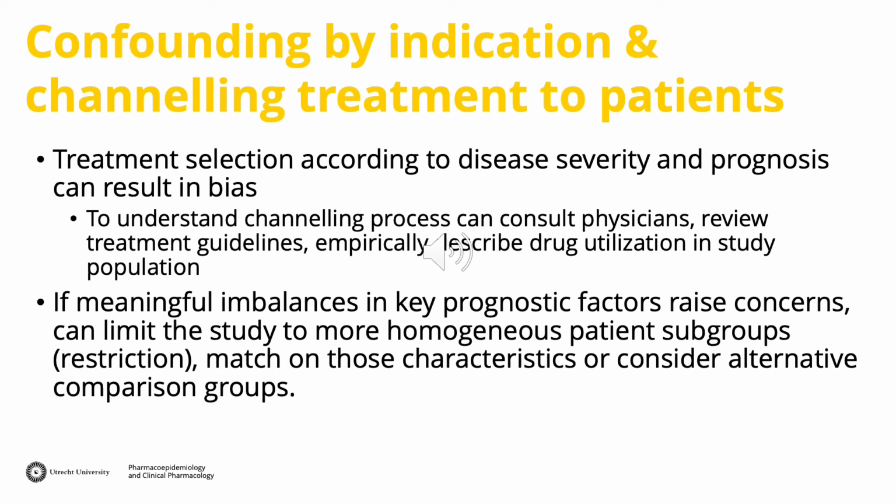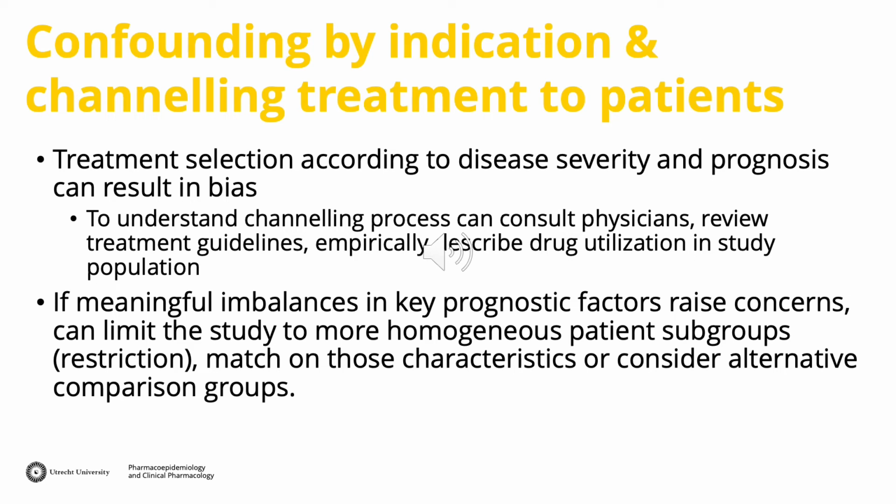If meaningful imbalances in key prognostic factors, confounders or patient characteristics raise concerns, you can limit the study to a more homogeneous patient population or restrict to a particular sample that excludes patients with particularly strong confounders from the analysis overall.